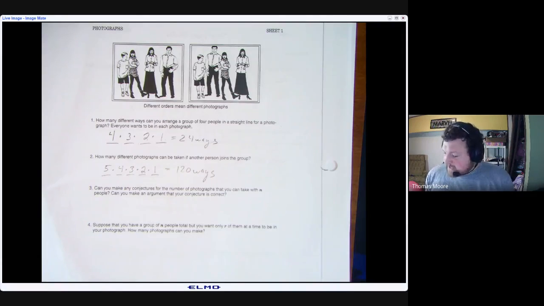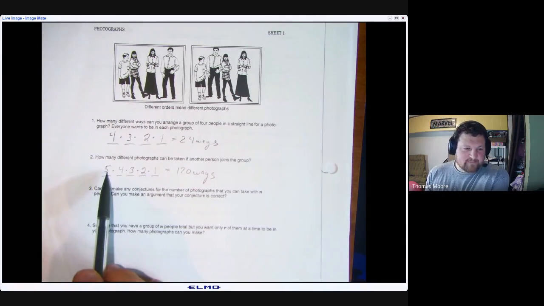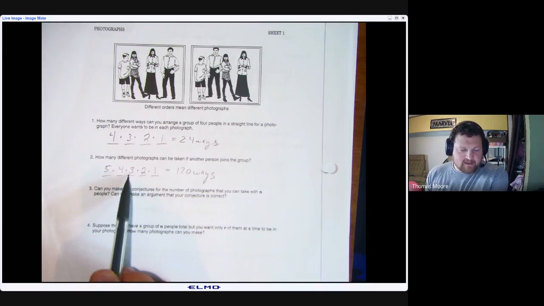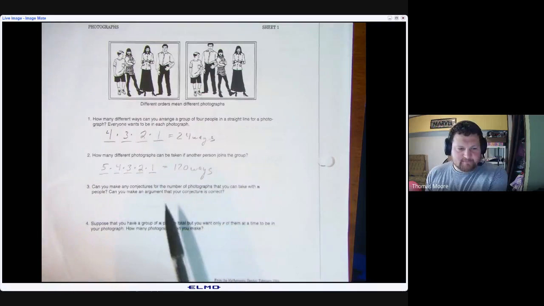All right. So hopefully we notice that we take the number of people that we're looking for, and we just kept multiplying down. We just kept going down 1 and multiplying by that because that's how many people are left for the next spot.